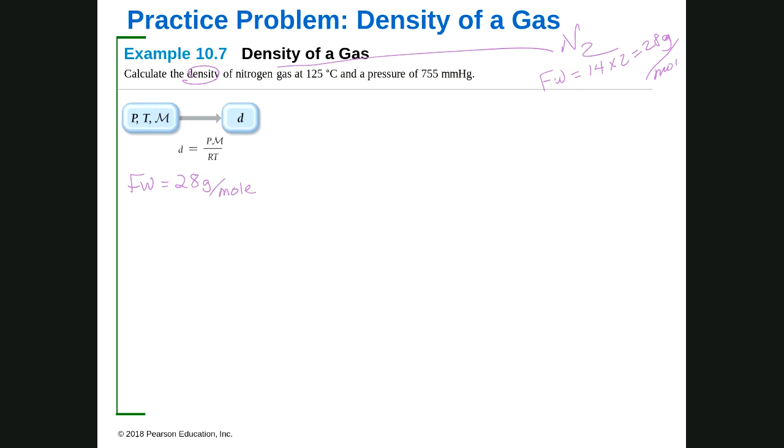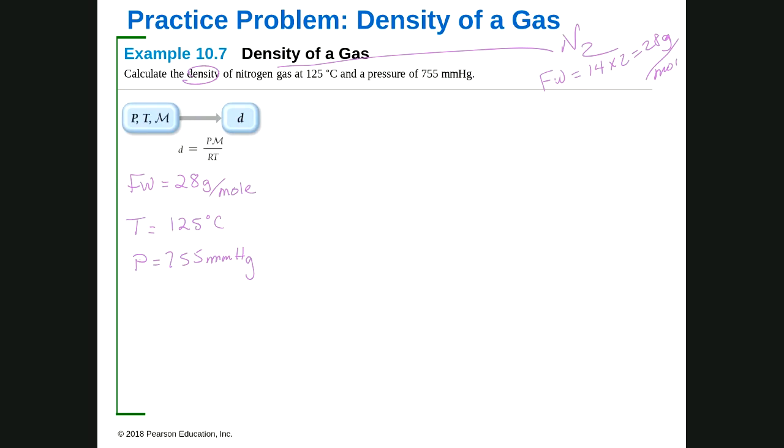The temperature is 125 degrees C. The pressure is 755 millimeters of mercury. All right, so density. So my formula is there.